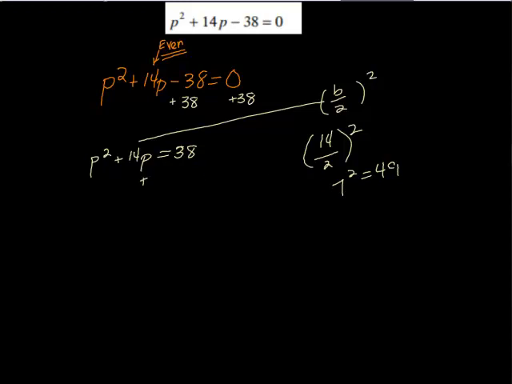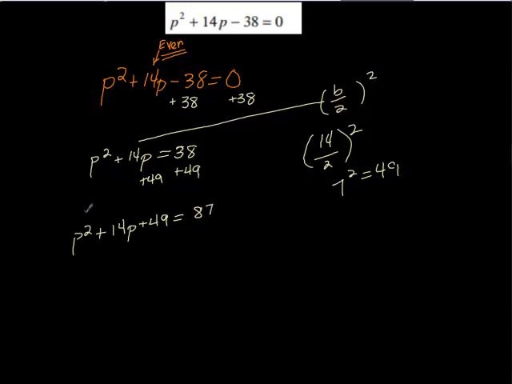So we're going to add 49 to both sides. And we're going to get p squared plus 14p plus 49. Because this is 49, it's not 49p, it's just 49. It's our constant value, so we add that to the outside. And I'm going to add this over here, and this gives us 87.